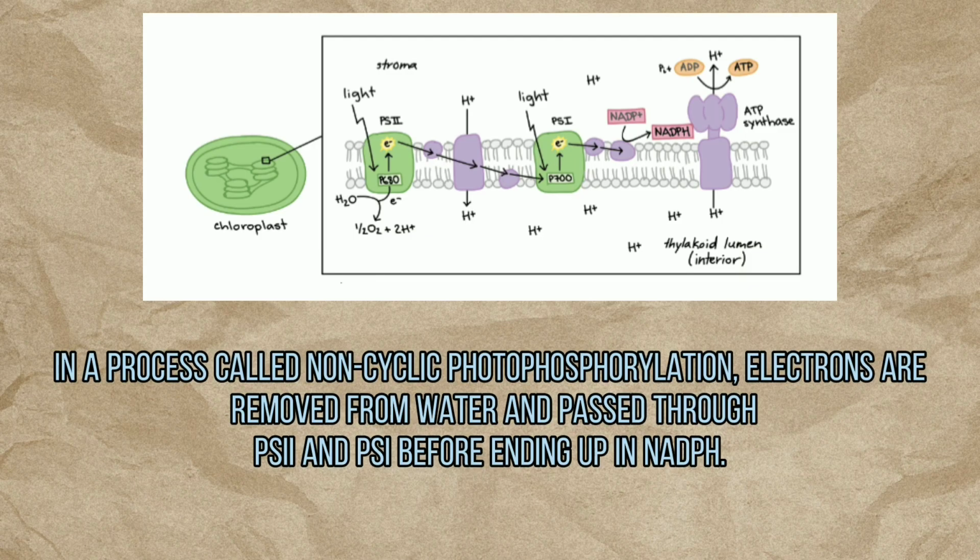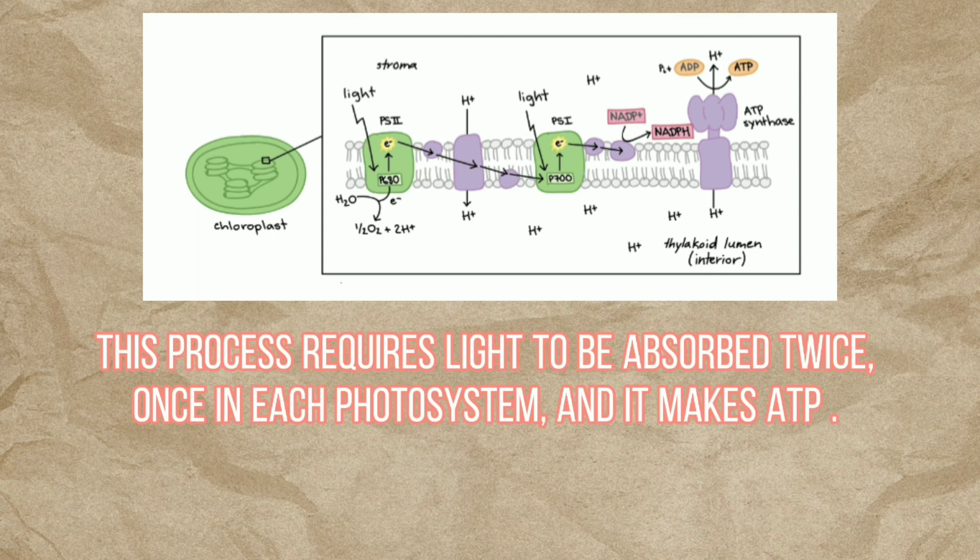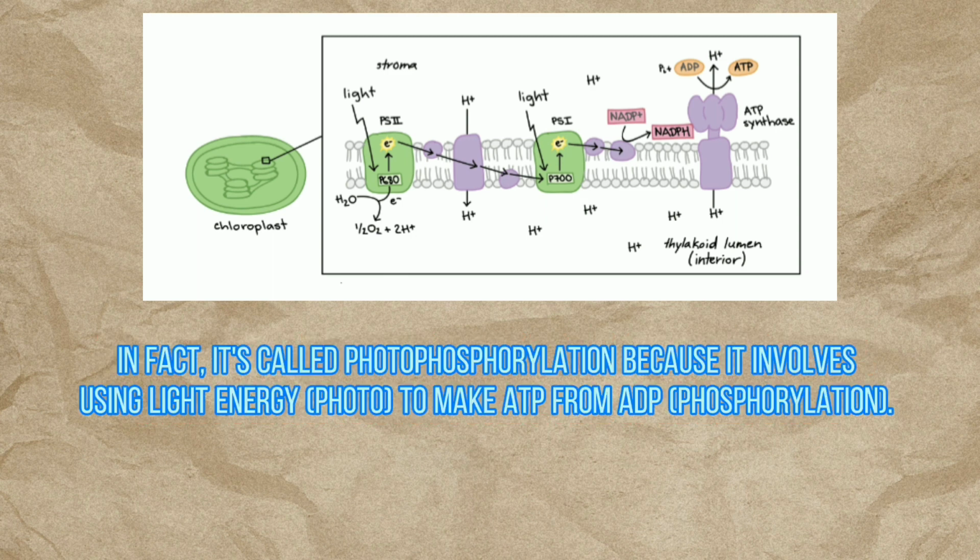In a process called non-cyclic photophosphorylation, electrons are removed from water and pass through PS2 and PS1 before ending up in NADPH. This process requires light to be absorbed twice, once in each photosystem, and it makes ATP. In fact, this process is called phosphorylation because it involves using light's energy to make ATP from ADP.